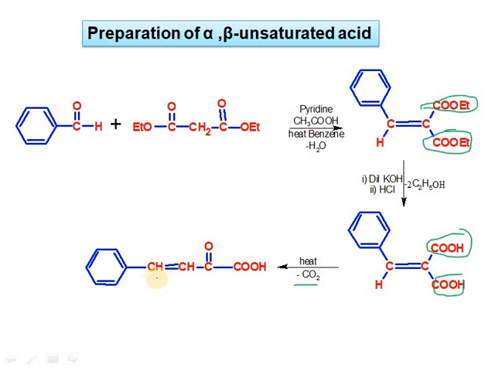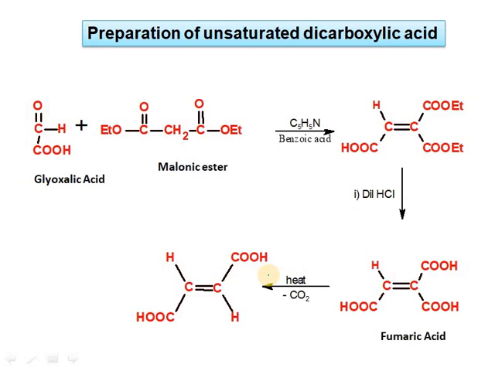So this is the alpha carbon and this is the beta carbon, right? This forms alpha beta unsaturated acids.